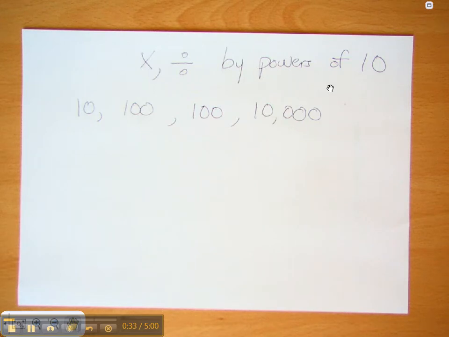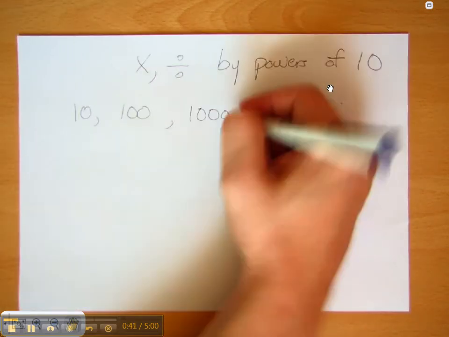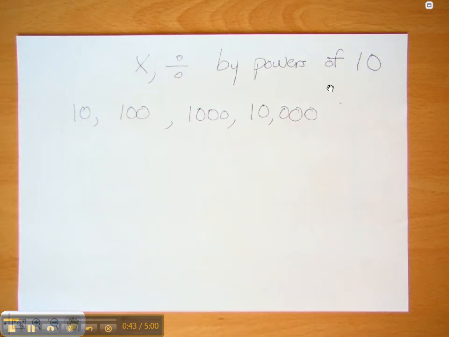Of course, you could also be dividing any number by powers of 10 as well. It's basically multiplying or dividing any number by another number that has 1 and then a bunch of zeros. There are some tricks here, and I'm going to show you these shortcuts to make life a little bit easier.